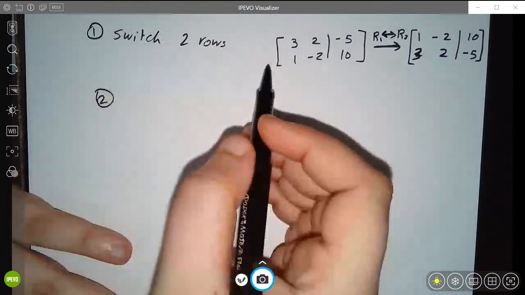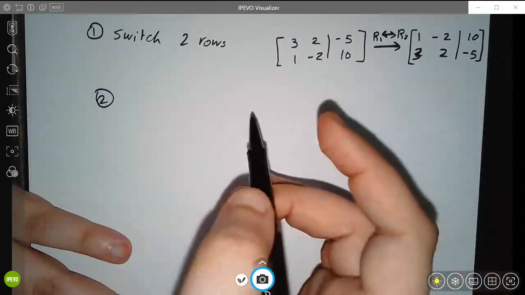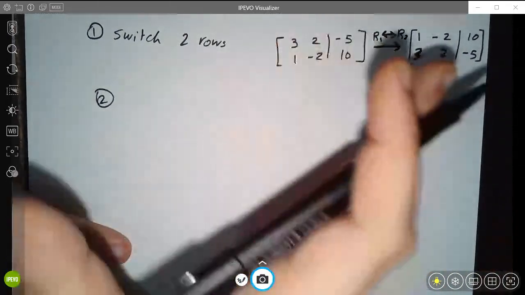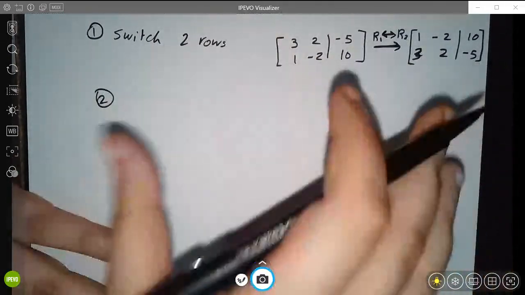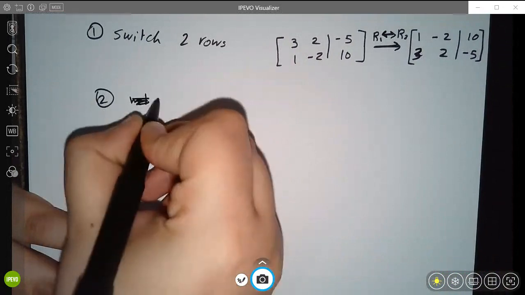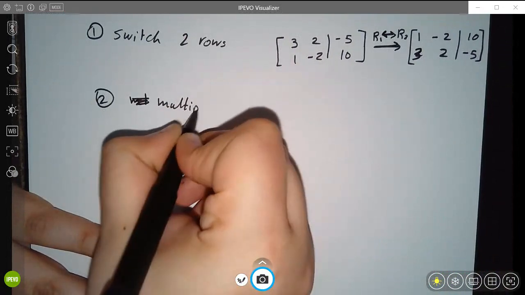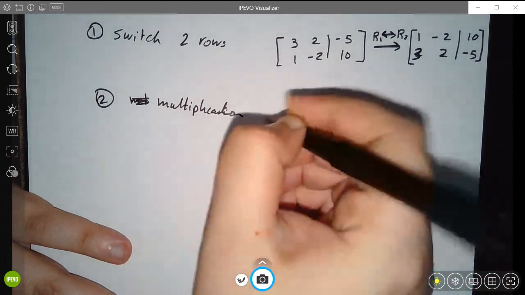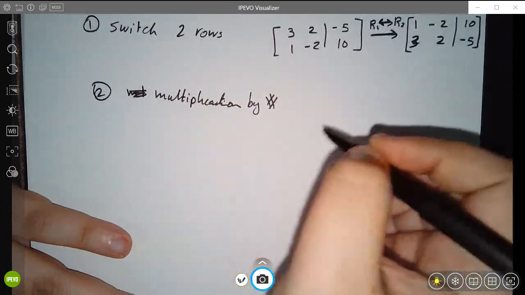So first one, switching rows. Second one would be multiplying by a number, a non-zero constant number, right? So it could be a third, it could be a negative, it could be 2, it could be 5, as long as a number. Multiplication by number. Okay.